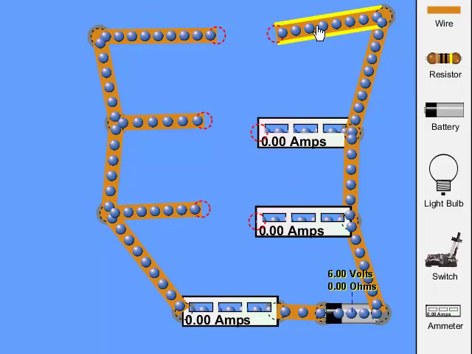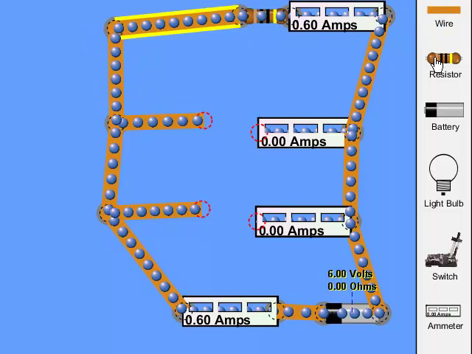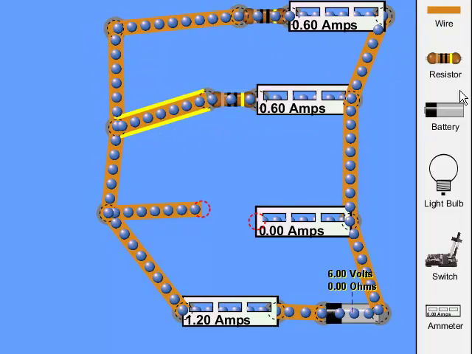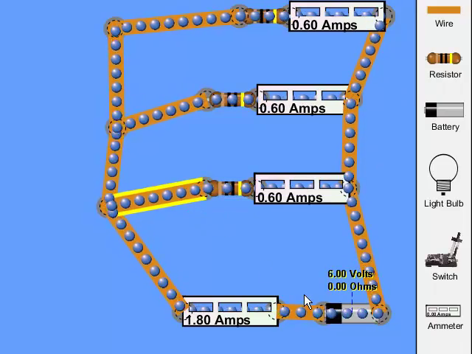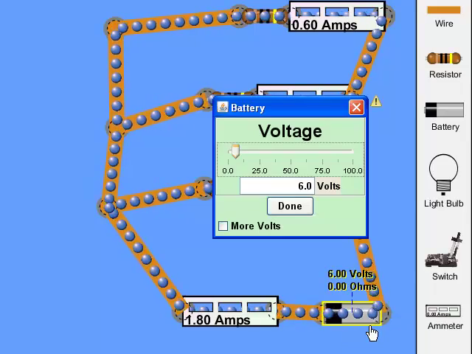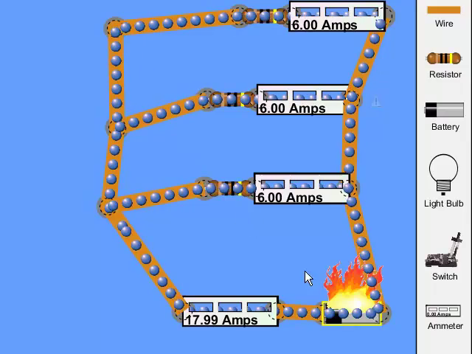Alright. And actually, I will put yet another ammeter right there, and then I will put the resistances there. There we go. If we get readings right now, don't pay attention to them because I actually still need to change resistances and the voltage here.